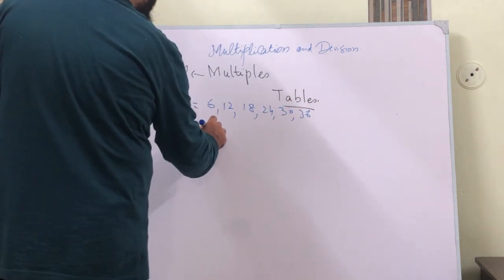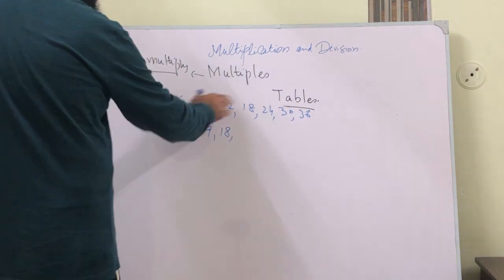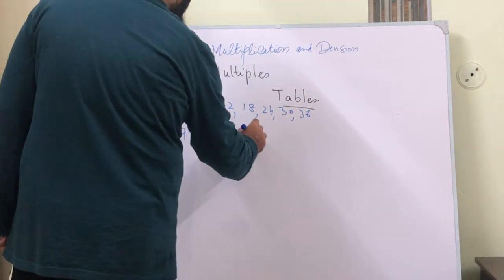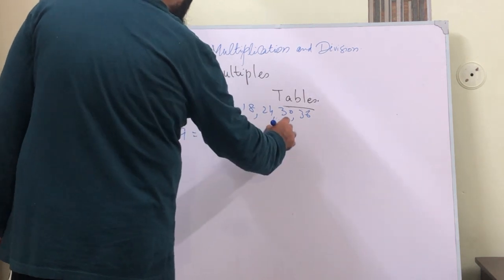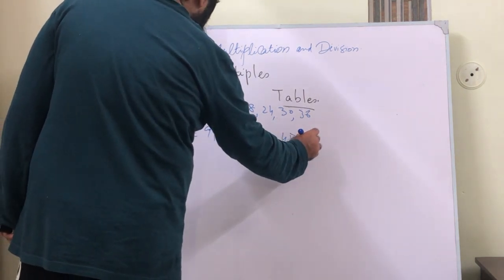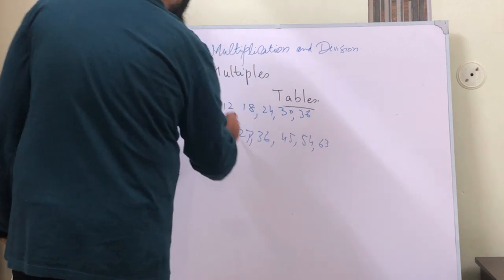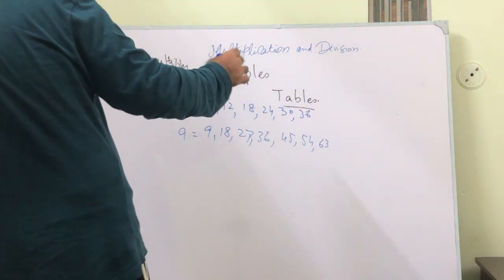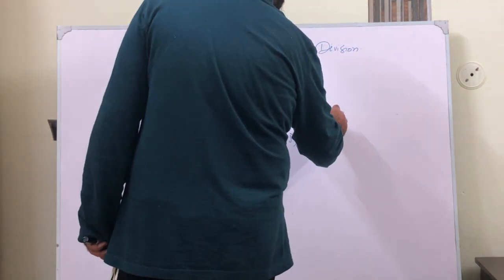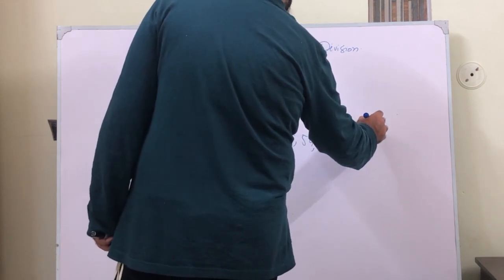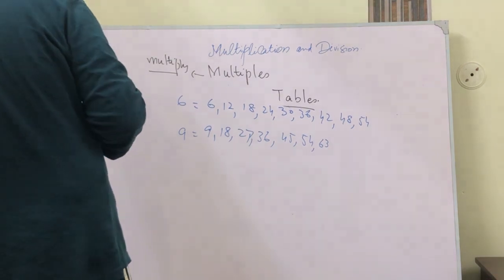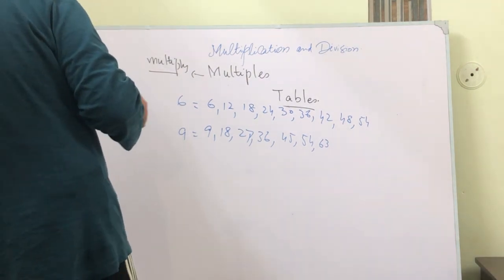Then the table of 9: 9, 18, 27. So here we see what the first three common multiples are.